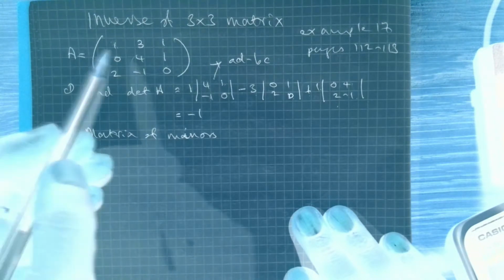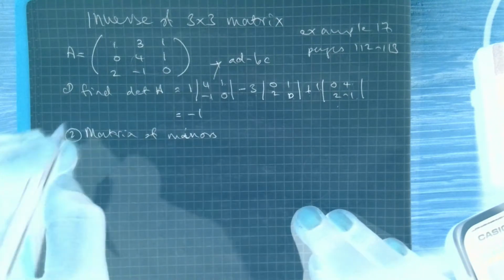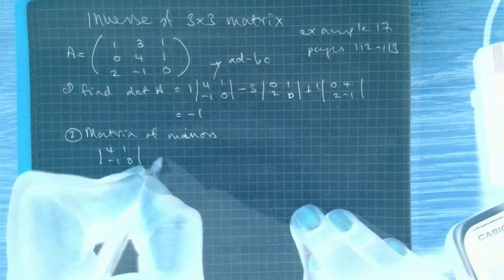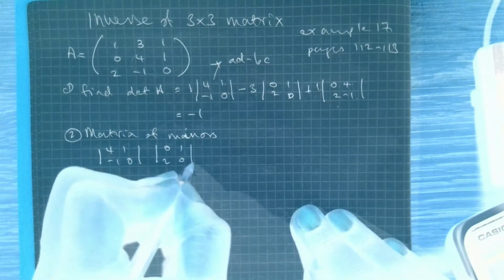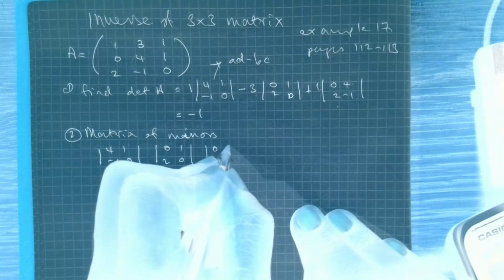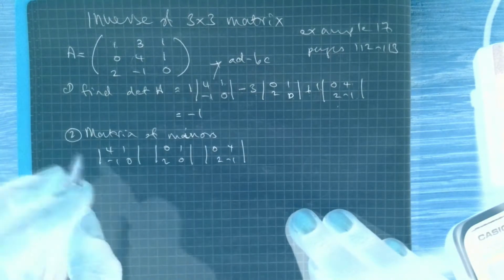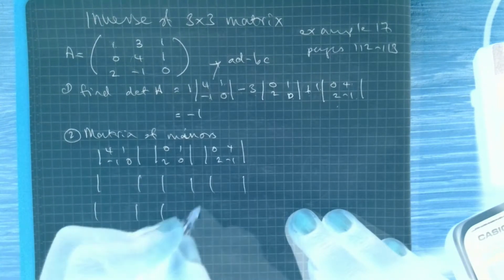Now we can write down the minors for the top 3 elements because we've done those already. So 4, 1, minus 1, 0, 0, 1, 2, 0, and then 0, 4, 2, minus 1. So they were the minors of A, B and C.